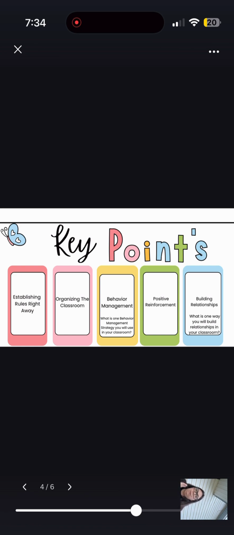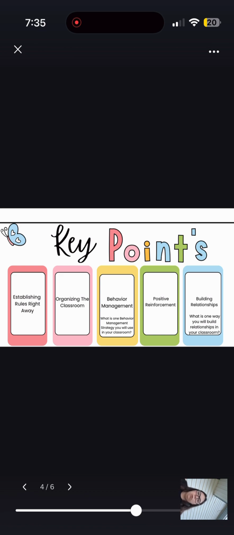So my example that I always talk about is, let's say student A came in, they're putting their backpack away, but instead of putting it the right way that you showed them, they come in running in the classroom. They throw their backpack, it doesn't even go in the right spot.